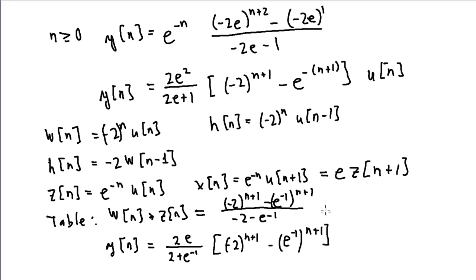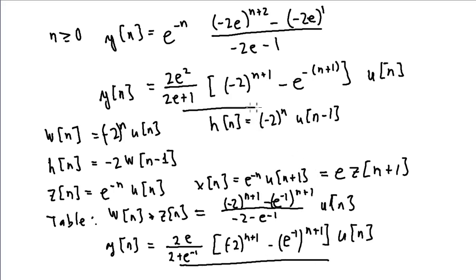And this should have a u of n associated with it, since that's in the table. If you compare these, you'll see that this result from the convolution table is identical to the result we get by direct evaluation of the convolution sum.